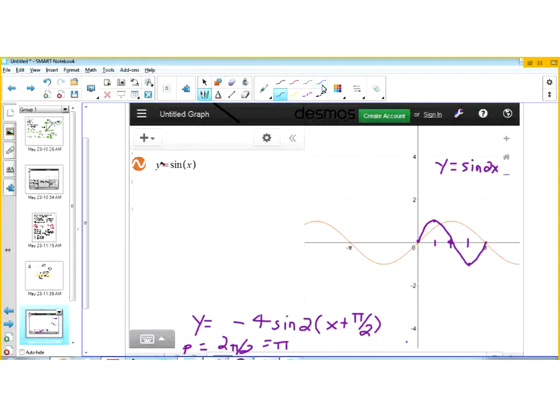Okay, so we'll do that in blue. So here's pi halves. Okay, and so we take 0, this point right here, and pi fourths. So pi fourths minus pi halves is negative pi fourths, right? So that would put us here.